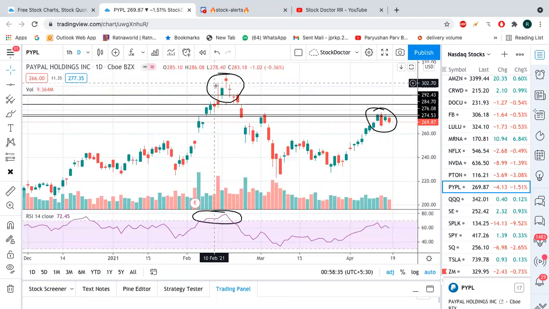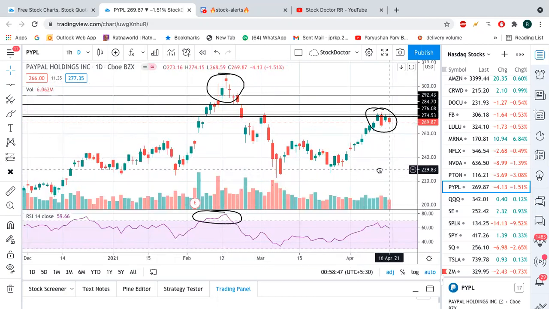So it was a kind of morning star pattern, but which was not in 3 days, it took 5 days to complete this morning star pattern, and then the stock went down.